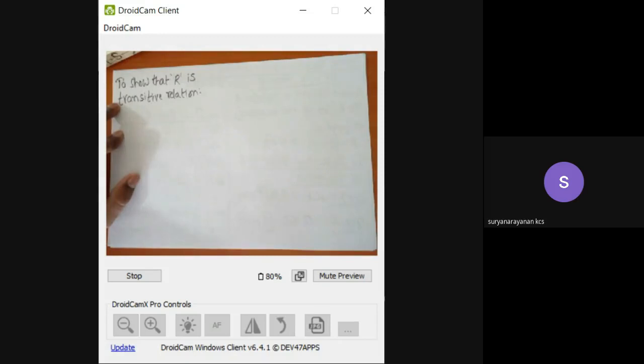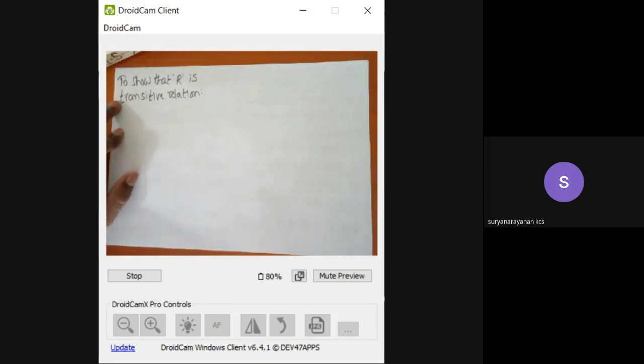That is only one single line. You are not reading the definitions completely, my dear children. Read the definition perfectly without any mistake. So if ordered pair A comma B belongs to R, ordered pair B comma C belongs to R, implies that ordered pair A comma C belongs to R for all A comma B comma C belongs to A. This is the definition of transitive relation.